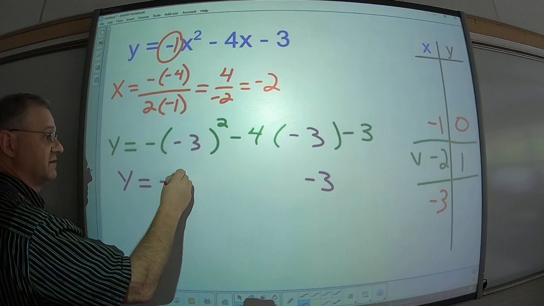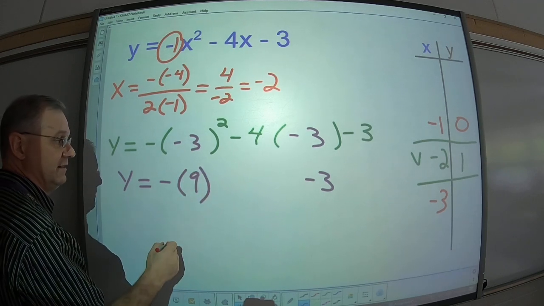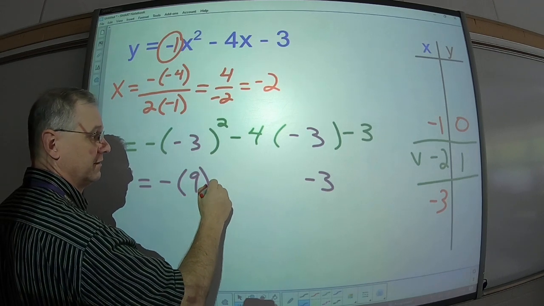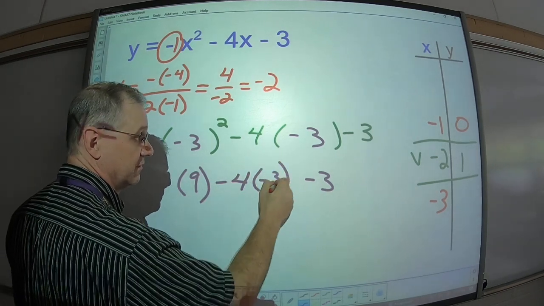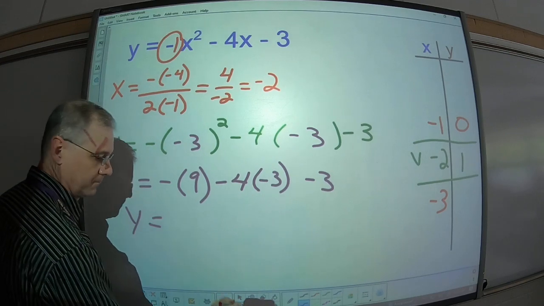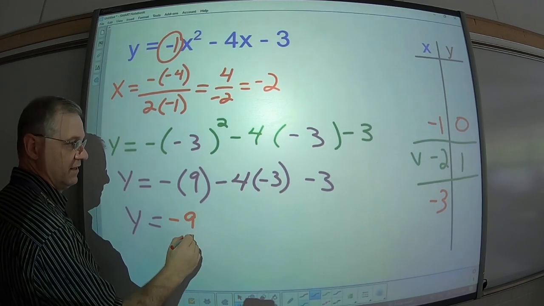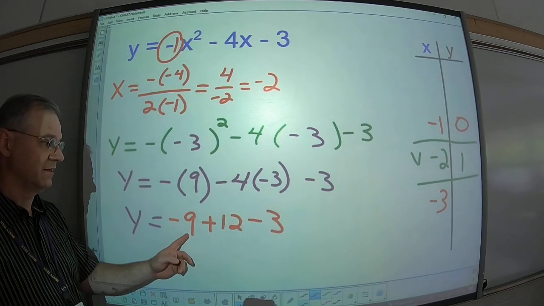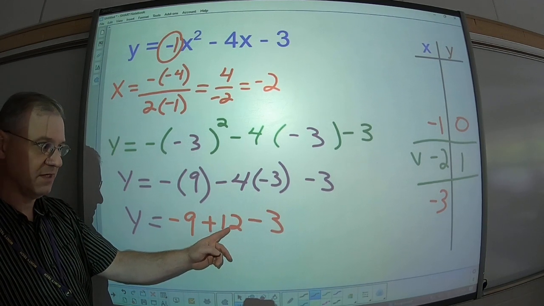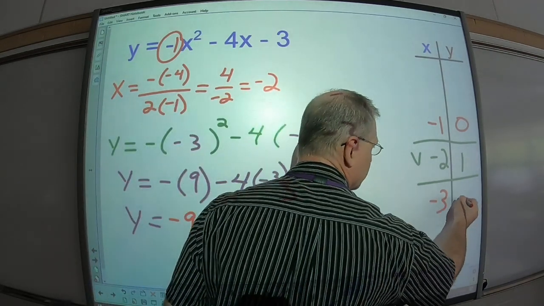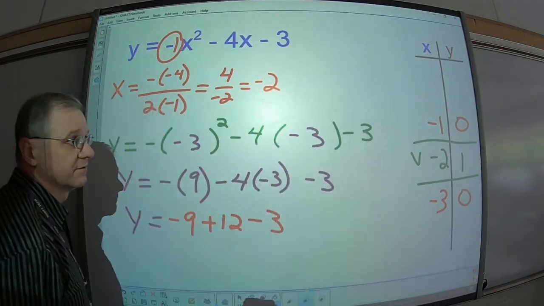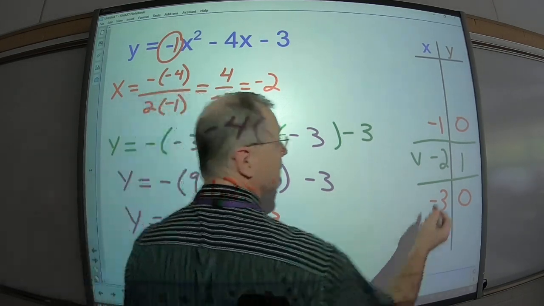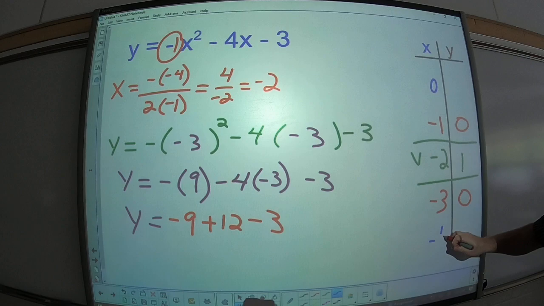Negative of negative 3 squared, negative of 9, minus 4 times negative 3 minus 3. Negative 9, positive 12, negative 3. Negative 9 and 12 is 3, minus 3 is 0. All right, now let's go one further out to 0 and negative 4.